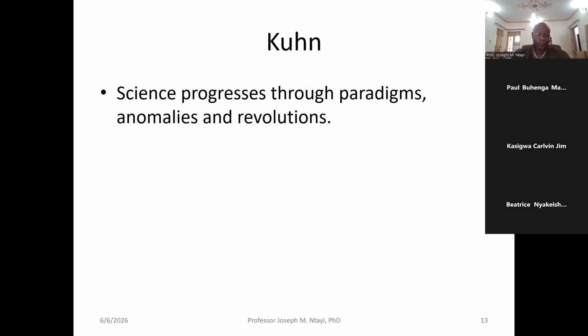So that's why now Kuhn comes out. And according to Kuhn, an anomaly is actually an observation, or probably a finding or a phenomenon, that does not fit the expectations of the dominant paradigm.